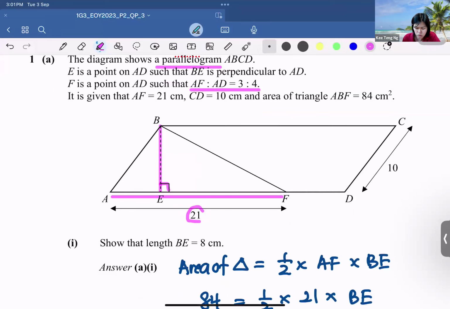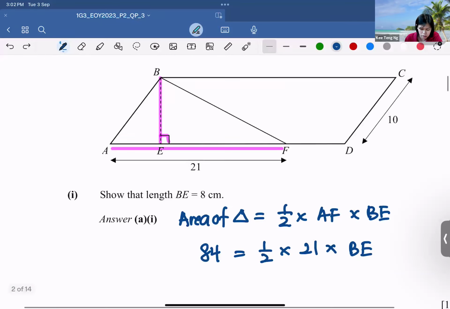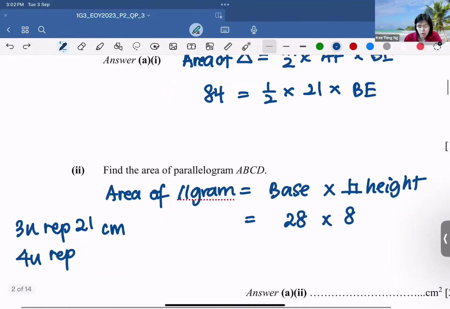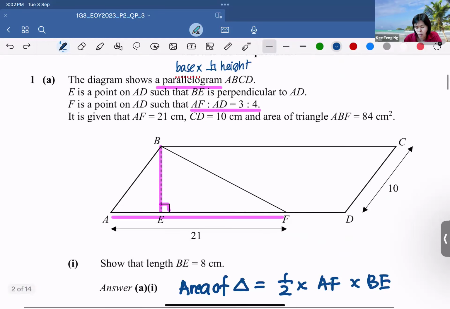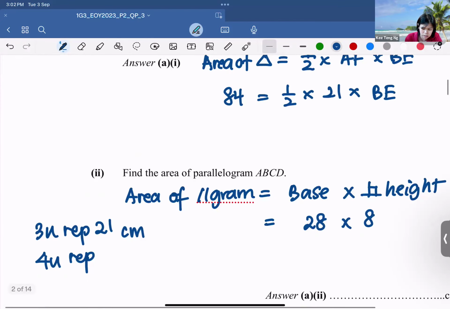It tells me that 3 units is 21. 3 units is 21, 4 units will be the whole length. 1 unit is 7, so this portion is 7. The whole length will be 28. AD will be equal to 28 cm.